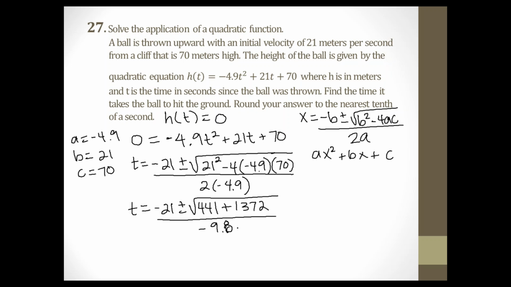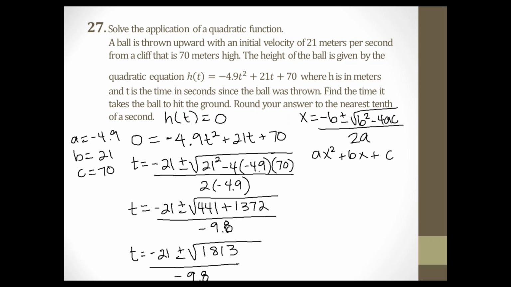Whoa, okay. So now t equals, I'm going to add under my square root. So 441 plus 1,372 is 1,813, all divided by negative 9.8.